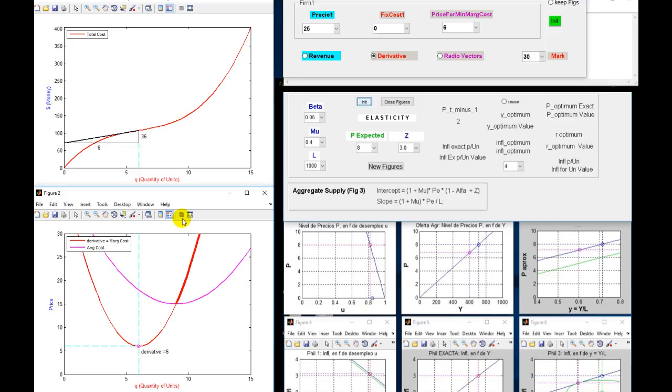Okay, now we are going to introduce the concept of average cost.